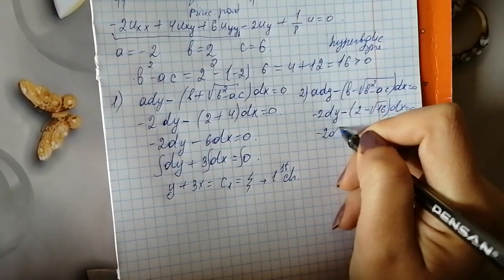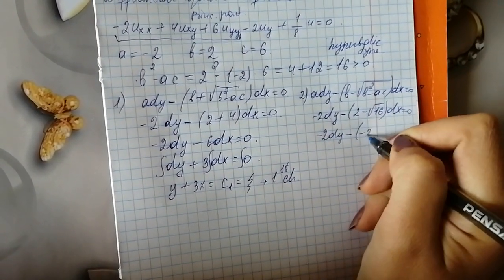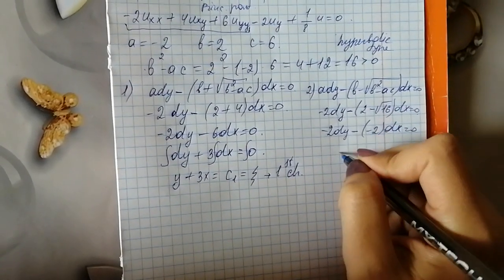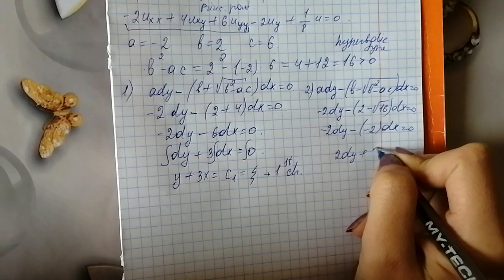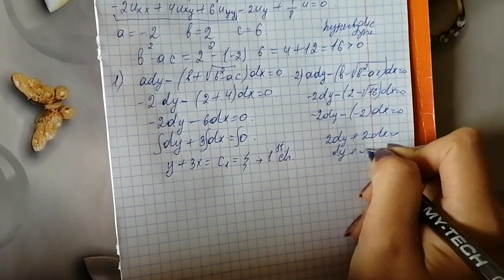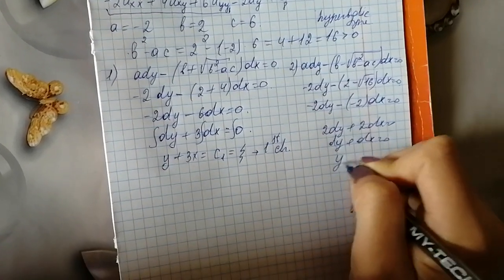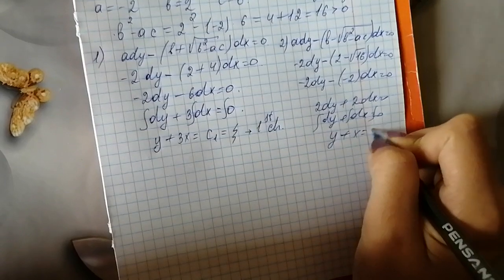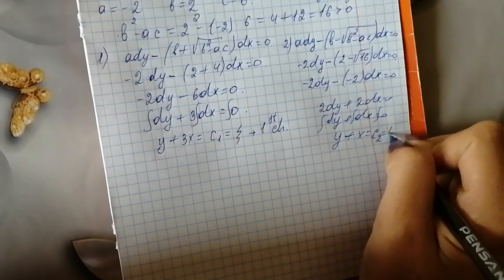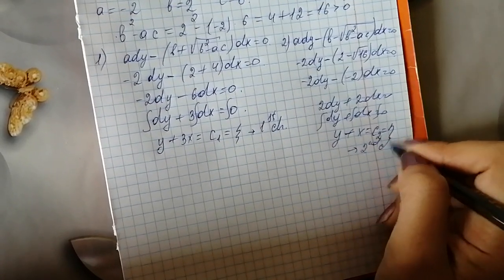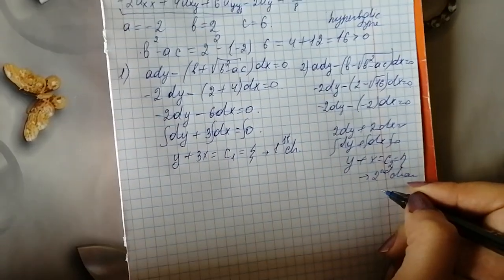Then negative 2 dy minus negative 2 dx is equal to 0. Then 2 dy plus 2 dx is equal to 0, which means dy plus dx is equal to 0, and let's integrate both sides of it, and we get y plus x is equal to some constant c2, and it's equal to eta, which is our second characteristics of hyperbolic type of equation.